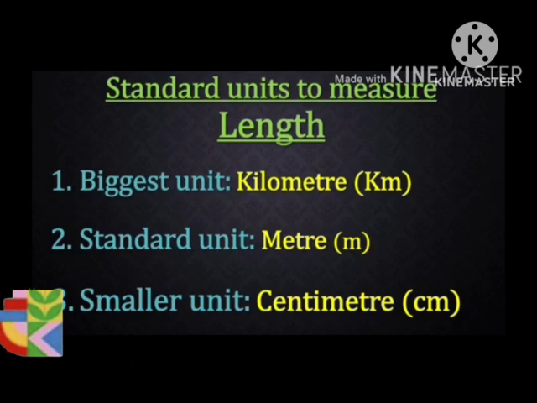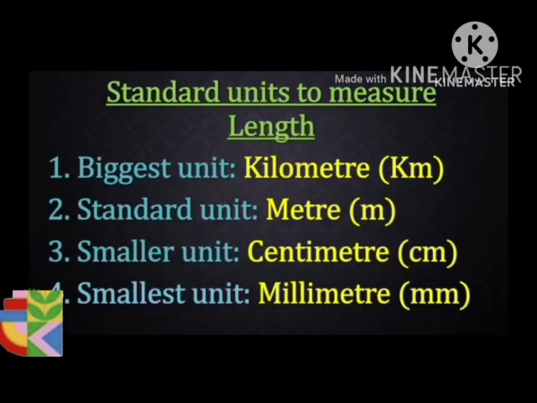That is centimeter. Your pencil, your scale, book, all are measured in centimeters. Fourth is the smallest unit of length, that is millimeter. That means which you can measure by holding in fingers only. For example, eraser, sharpener, a blunt pencil, these kinds of things.